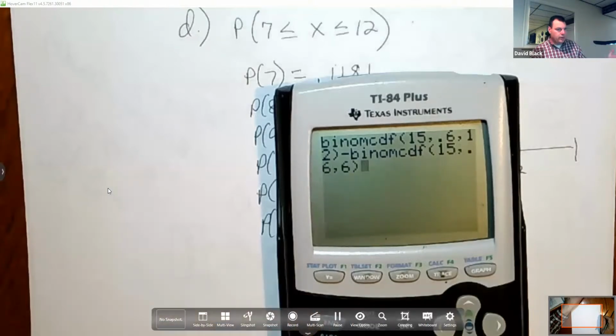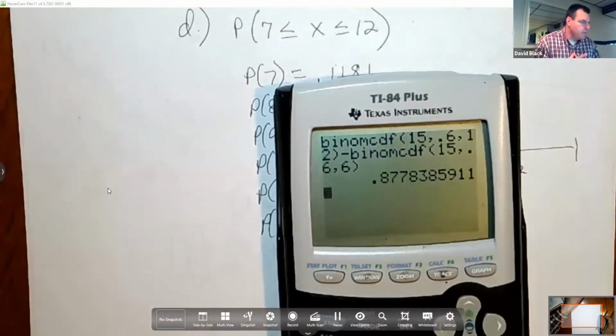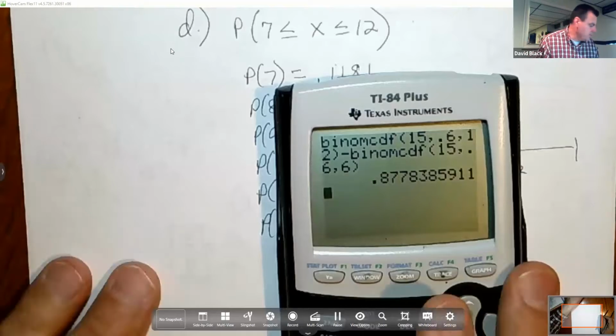So again, I'm going all the way through 12, then I'm subtracting up through 6. So it should leave me 7 through 12, and there's the same number, 0.8778. So that's the fast and efficient way. For some people that doesn't set in their head well, so you can do it either way, and one way is just a little faster than the other.